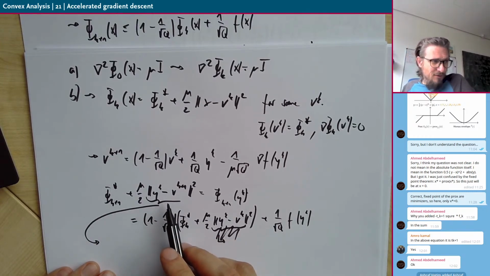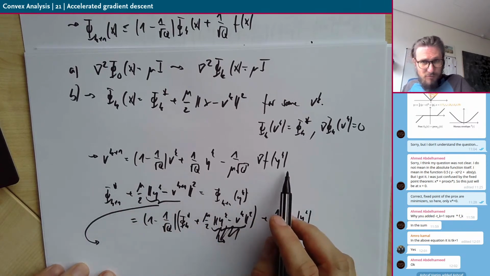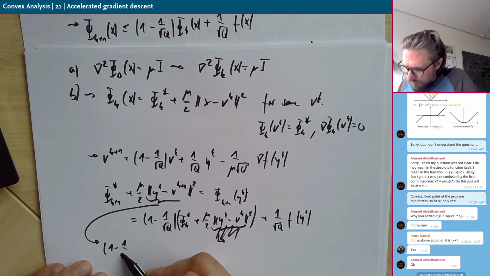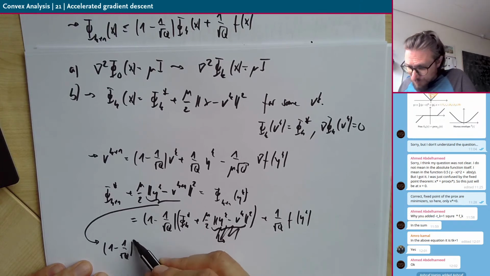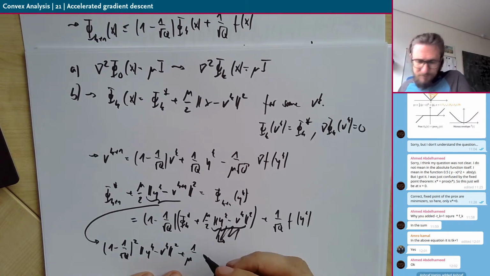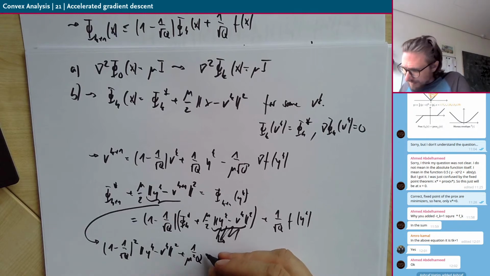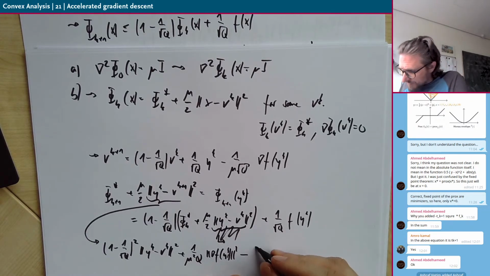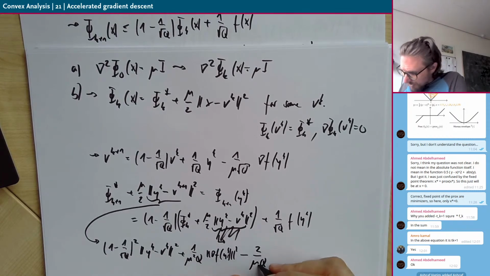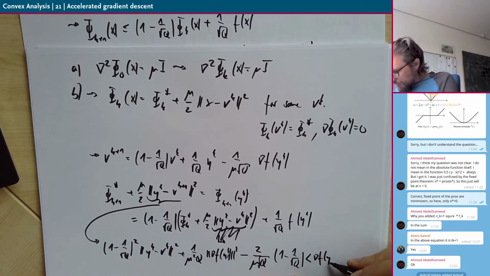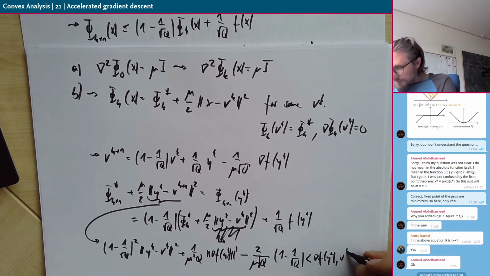We put the recursion for v into here, yk minus vk plus 1, plug this horrible term in there, and just expand the square, and we get 1 minus 1 over square root of q squared times yk minus vk squared plus 1 over mu squared times q times the gradient of f at yk squared minus, and the inner product has a larger coefficient, it's 2 over mu times square root of q times 1 minus 1 over square root of q times the inner product of gradient of f at yk, vk minus yk.